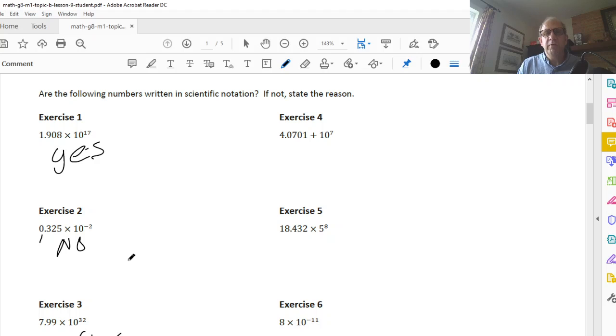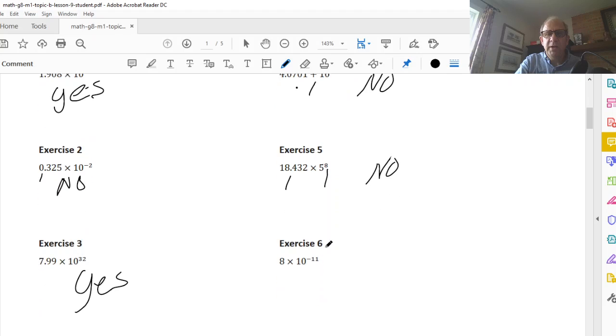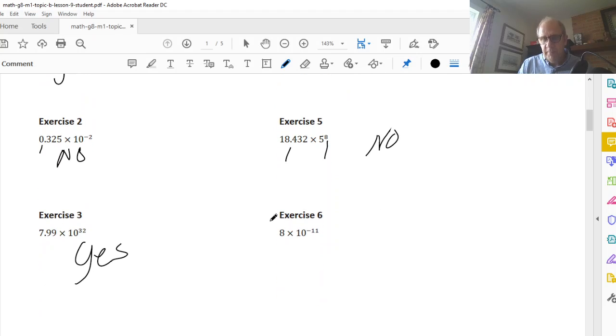And what about this one? 4.0701 plus 10 to the 7th. Well, we're adding here, and we're supposed to multiply. So this is a big no. 18.432 times 5. Well, 18 is not between 1 and 10. And we're not doing powers of 5, we're doing powers of 10. So this is a no. And what about 8 times 10 to the negative 11?